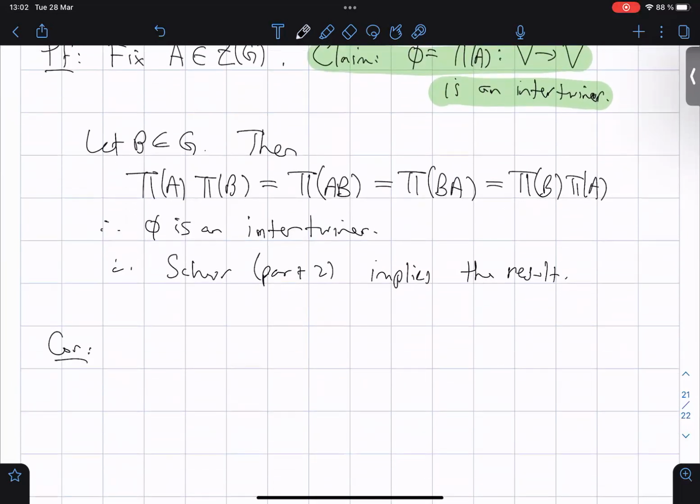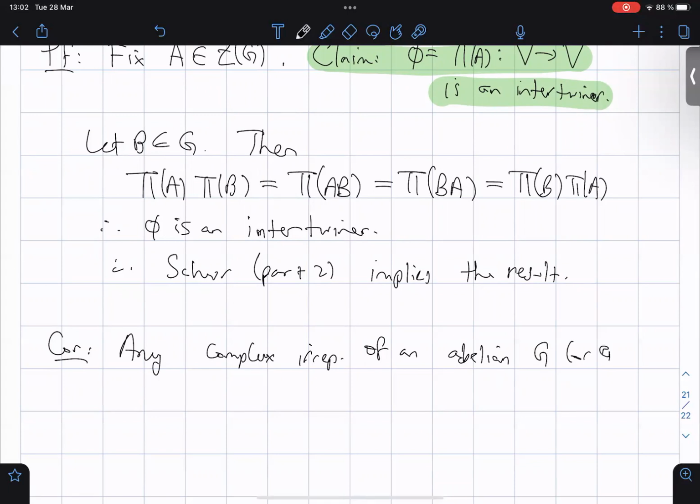So the first corollary of this is that any complex irrep of an abelian group is one-dimensional.